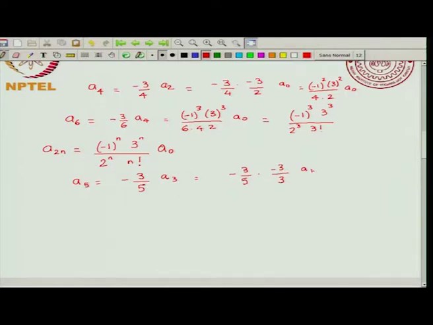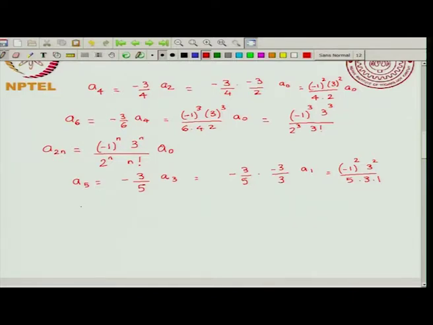Instead of writing minus 1, I wrote it explicitly this way, and again the reason will be clear. So this is minus 1 squared, 3 squared divided by 5 into 3, and I will just put a 1 also.